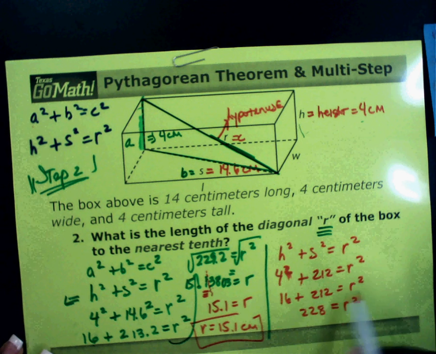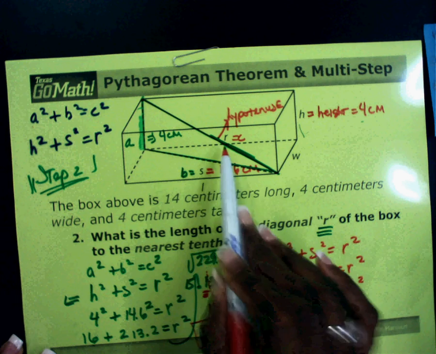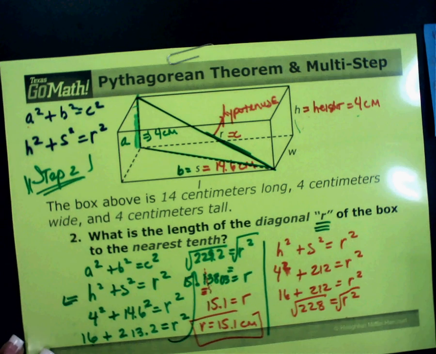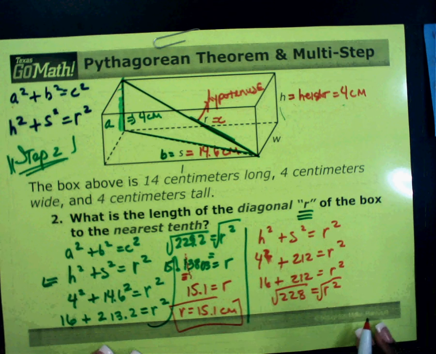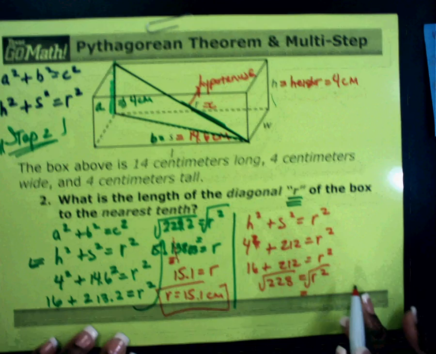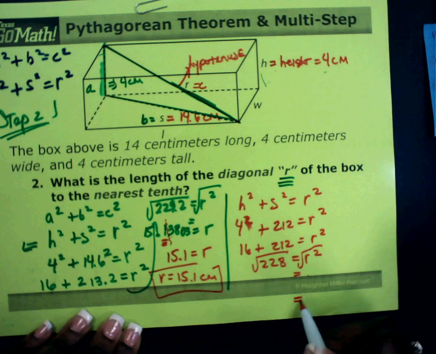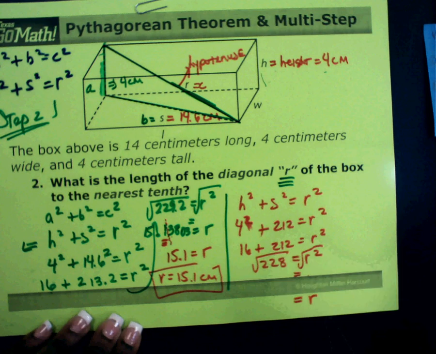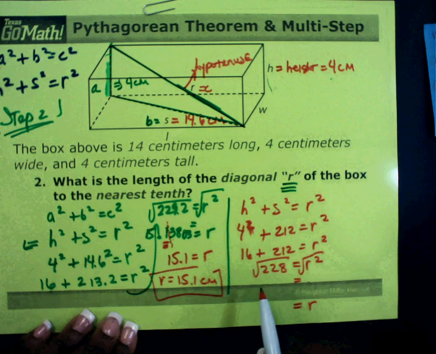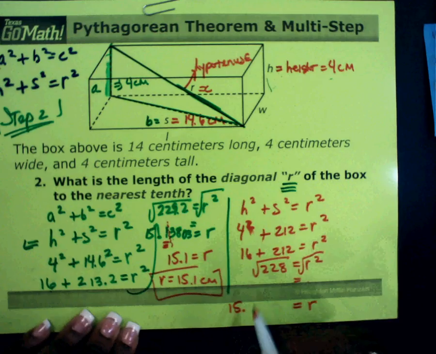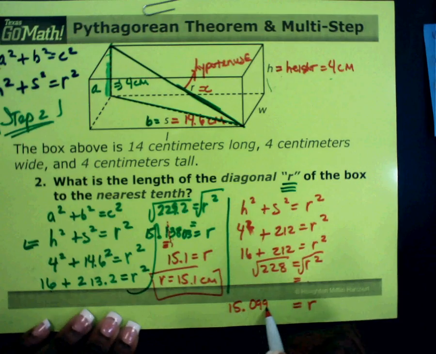Just like before, we want r and not r squared, so we take the square root of both sides of our equation. I'm going to go down a little bit more so we can get all those decimals in there. The square root of r squared is just r, and the square root of 229 is very long: it's 15, and then the decimal 0.99668, and a couple more numbers.